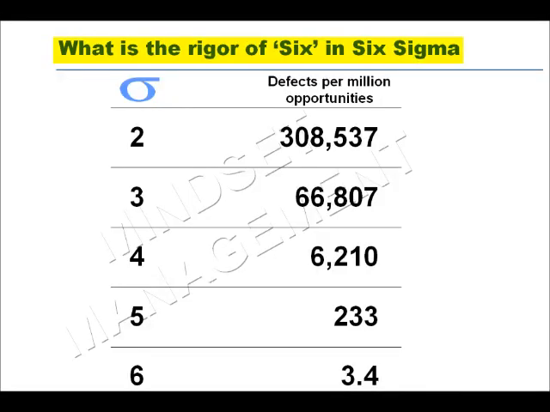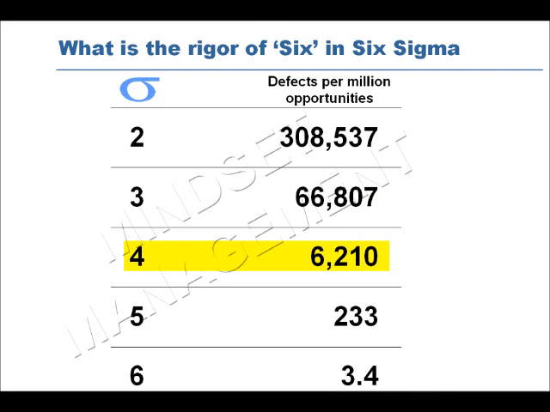What is the rigor of the 6 in Six Sigma? If the process is at 2 sigma, there are 308,537 defects in a million opportunities. If the process is at 3 sigma, there are 66,807 defects in a million opportunities.